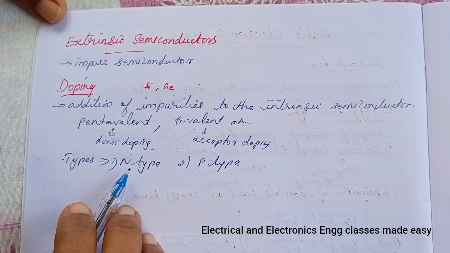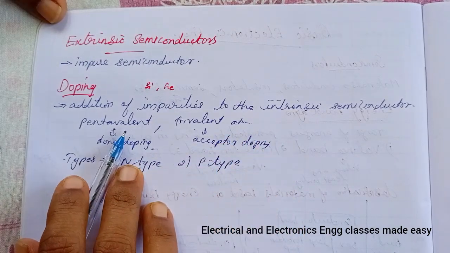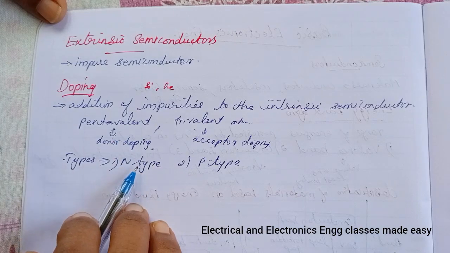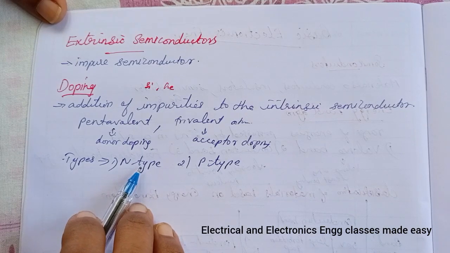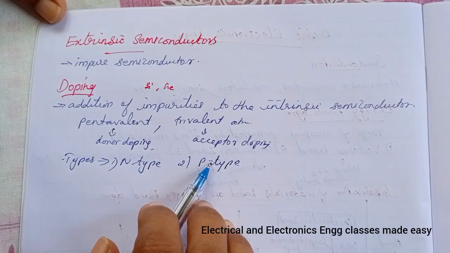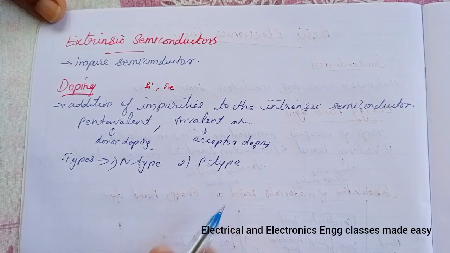To increase the number of conduction band electrons in intrinsic silicon, pentavalent impurity atoms are added, and we get N-type semiconductors. If we add trivalent impurity atoms, we get P-type semiconductors.